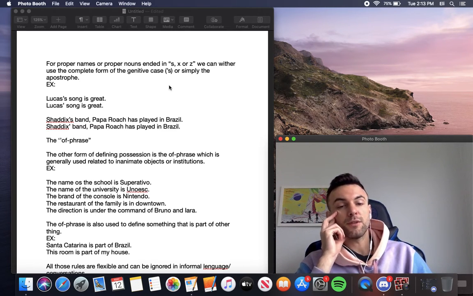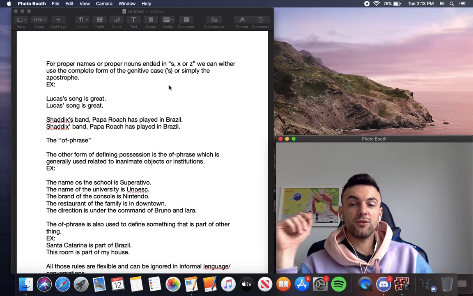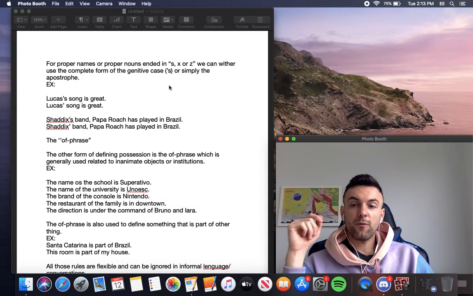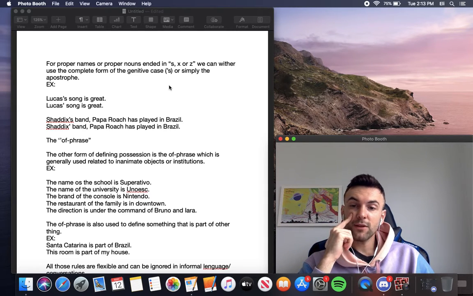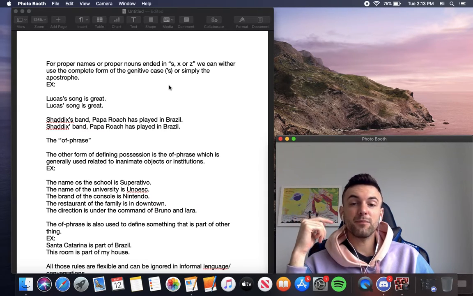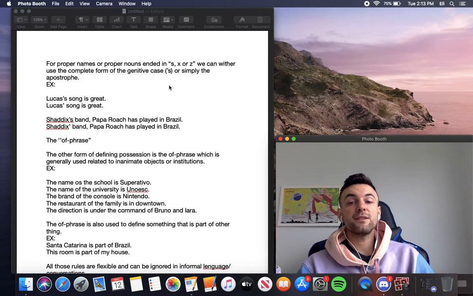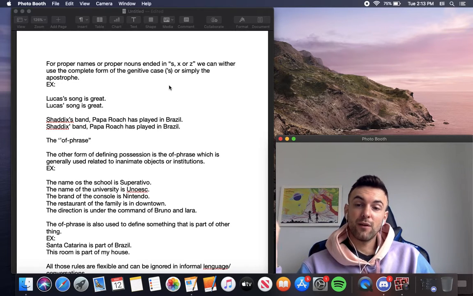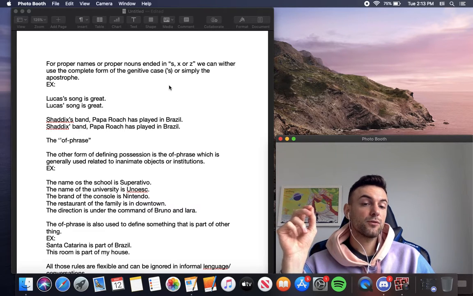Other form that we use to define these possessions here is the use of the of phrase. Well, guys, the of phrase is the other form of defining possession, and it is generally used related to inanimate objects or institutions. For example, the name of the school is Superativo.